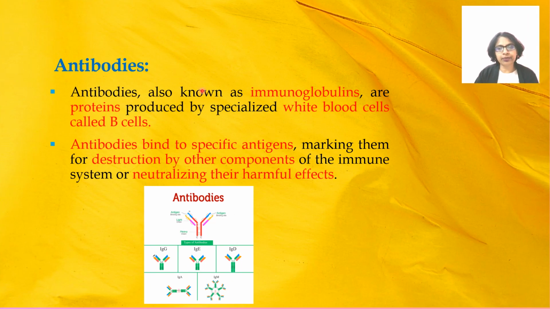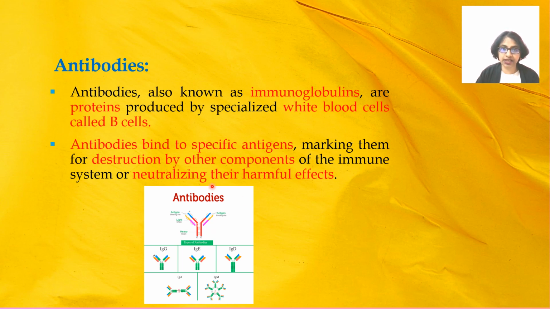Let us talk about antibodies. Antibodies are also known as immunoglobulins. All antibodies are immunoglobulins, but all immunoglobulins may not be antibodies. These are proteins produced by specialized white blood cells known as B cells or B lymphocytes. Antibodies bind to specific antigens.